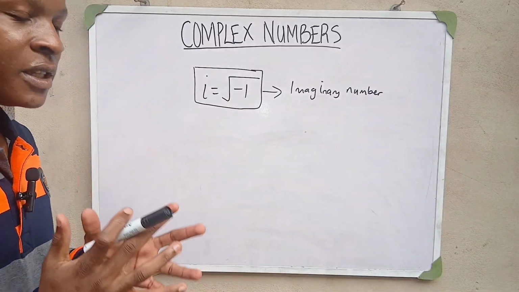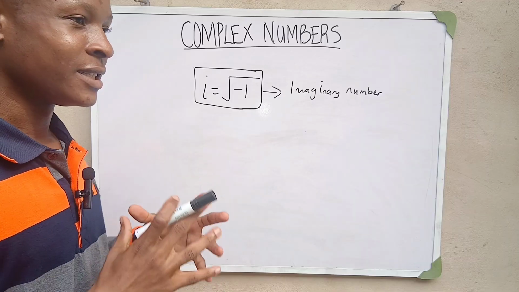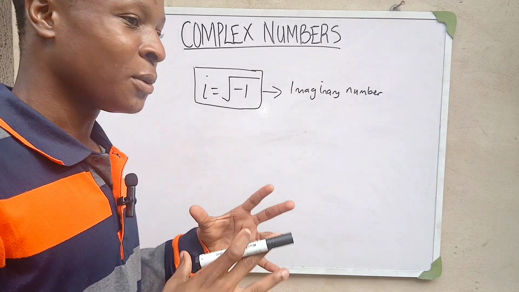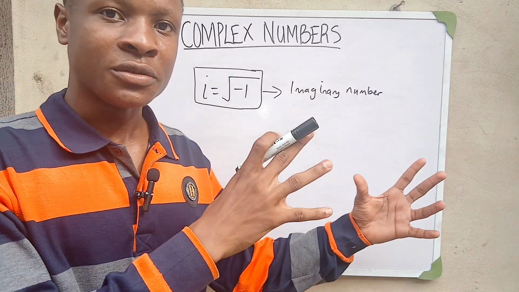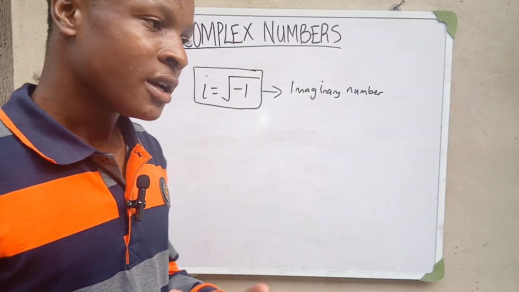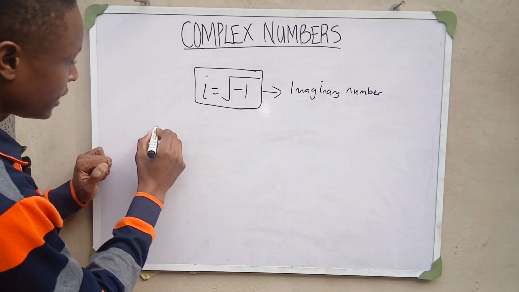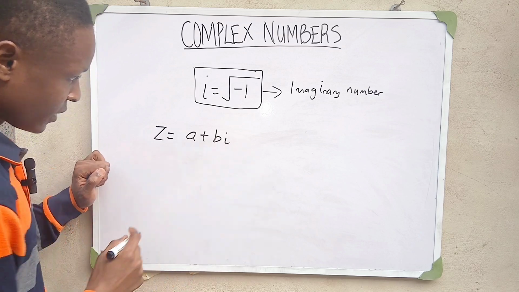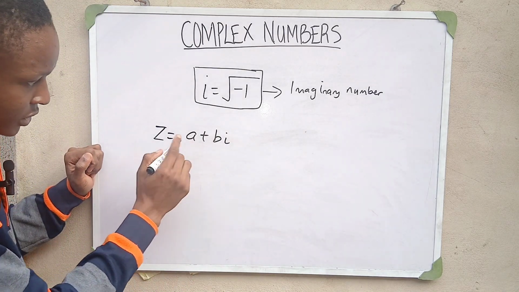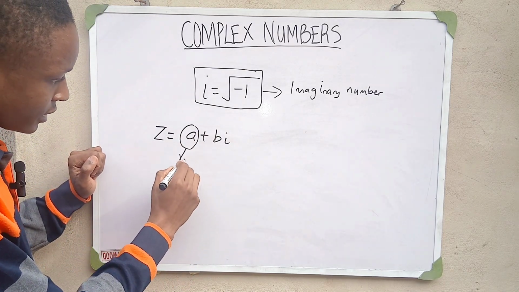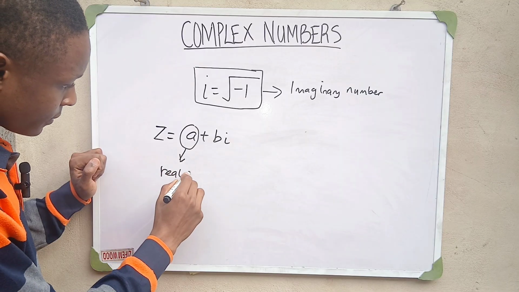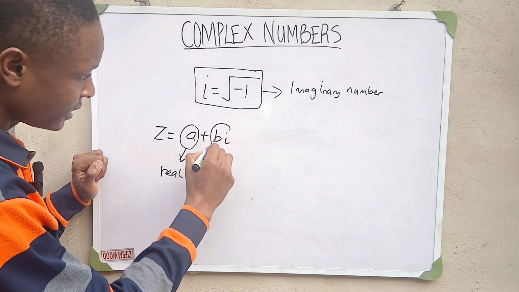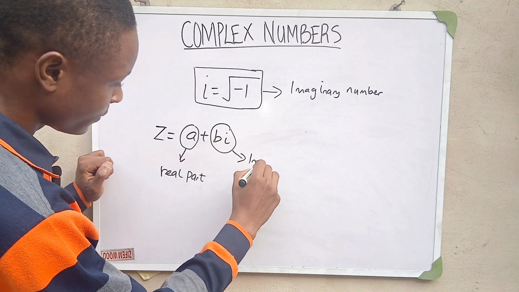Now we are going to move into what a complex number is. Complex numbers are numbers that contain both real parts and imaginary parts. So let's say z is equal to a plus bi. This is a complex number because we have the real part, this is the real part, and this is the imaginary part.